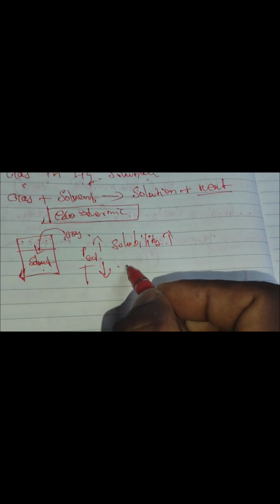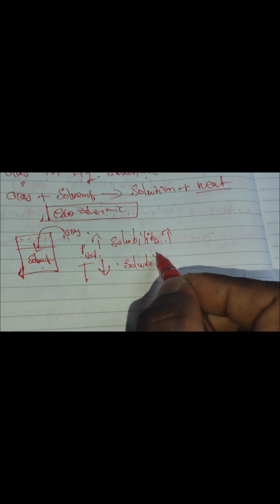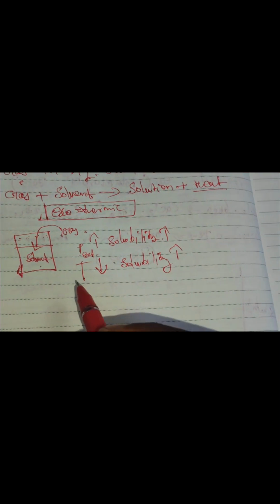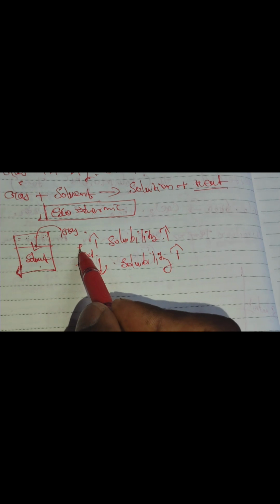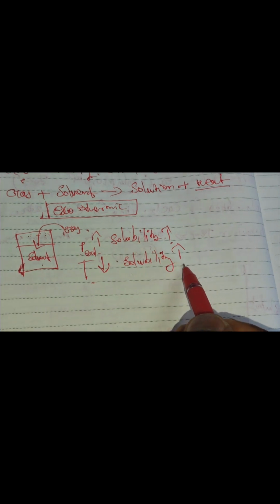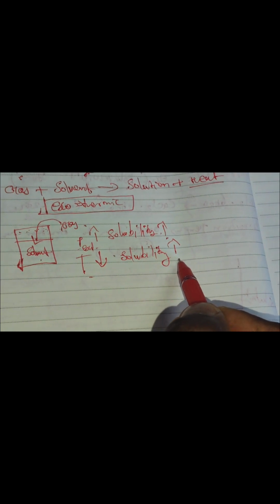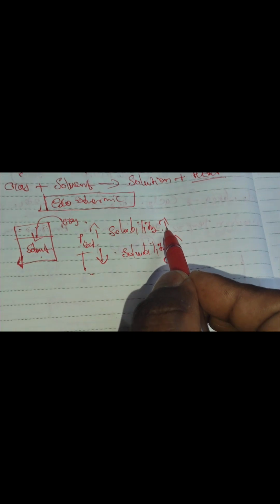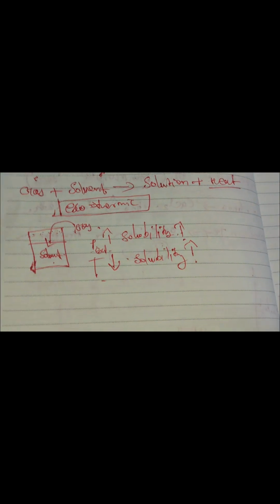So the solubility increases. In general, pressure is directly proportional to solubility, and temperature is inversely proportional to solubility. For the pressure relation with solubility, we will see Henry's law in this video.